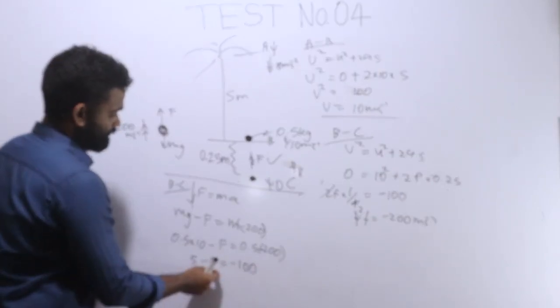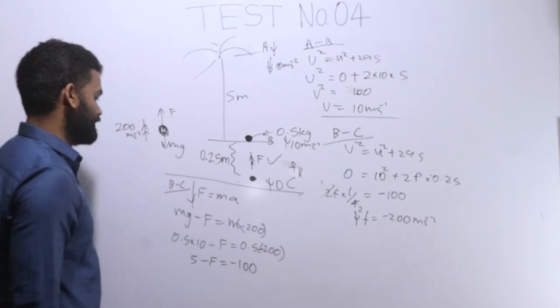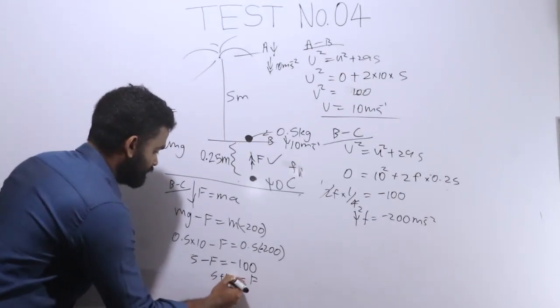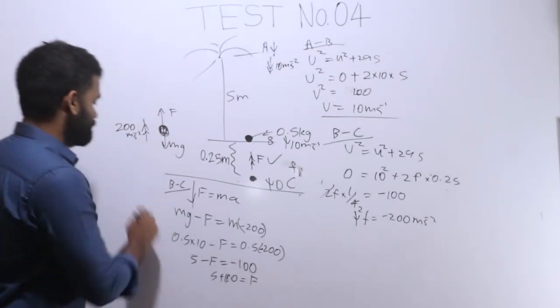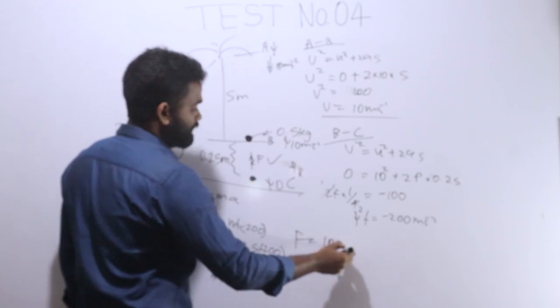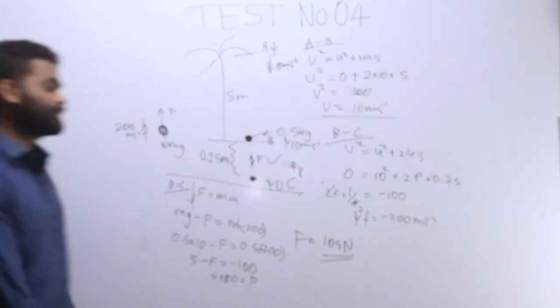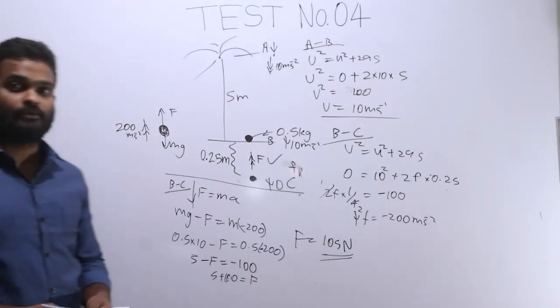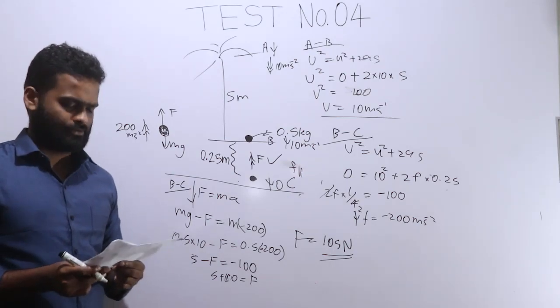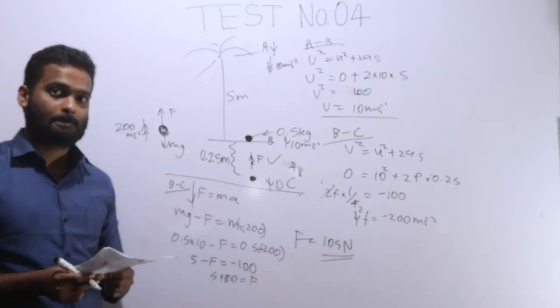So just find F: F should be 5 plus 100, meaning that the resistive force acting on the coconut is 105 newtons. 105 newtons. So the answer for the 13th question should be the third one.